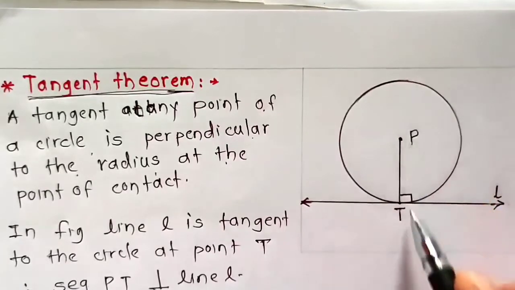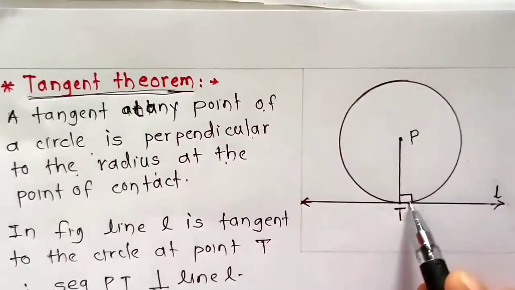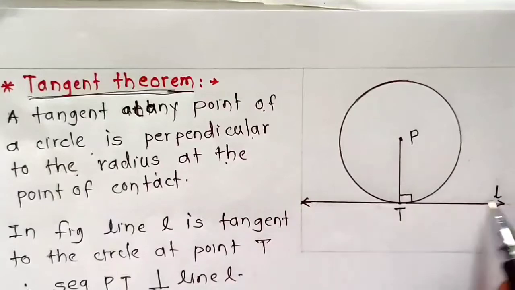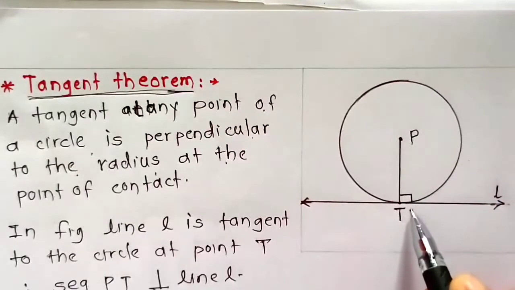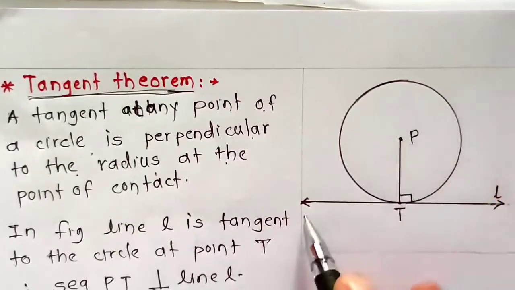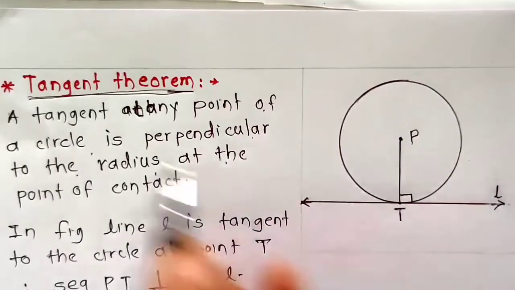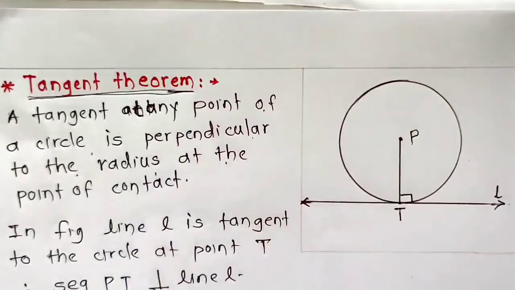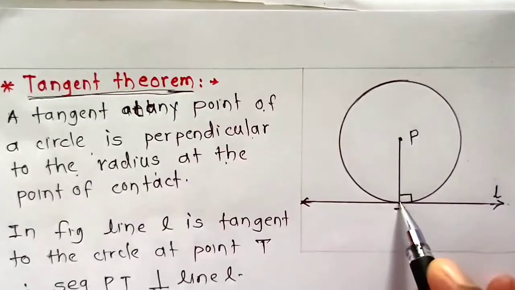If we draw the radius PT at the point of contact, then this tangent is always perpendicular to this radius. So we can write PT perpendicular to line L according to this theorem. This theorem is known as the tangent theorem. So remember, the radius is always perpendicular to the tangent at the point of contact.